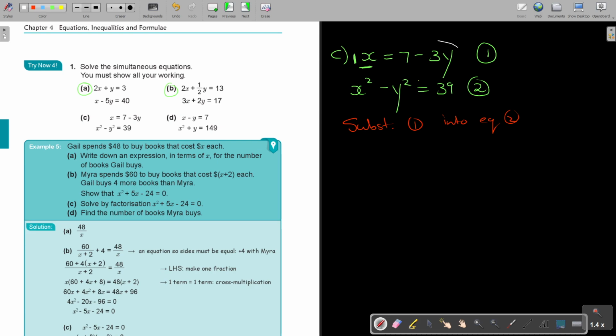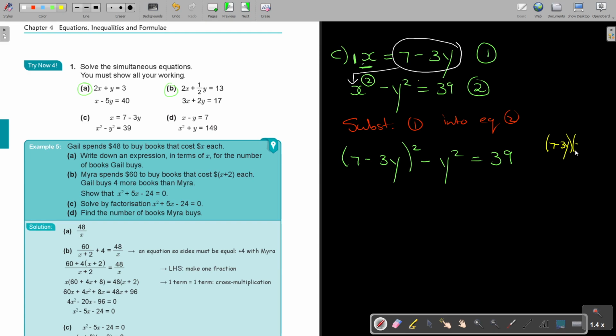I'm going to take this, and I'm going in x, but it's quadratic, so please don't make a mistake. It means 7 minus 3y, and don't forget your square. So minus y squared, and now I have my quadratic equation. Now I like to do the short method, but I will rather do the long one on the side for you.